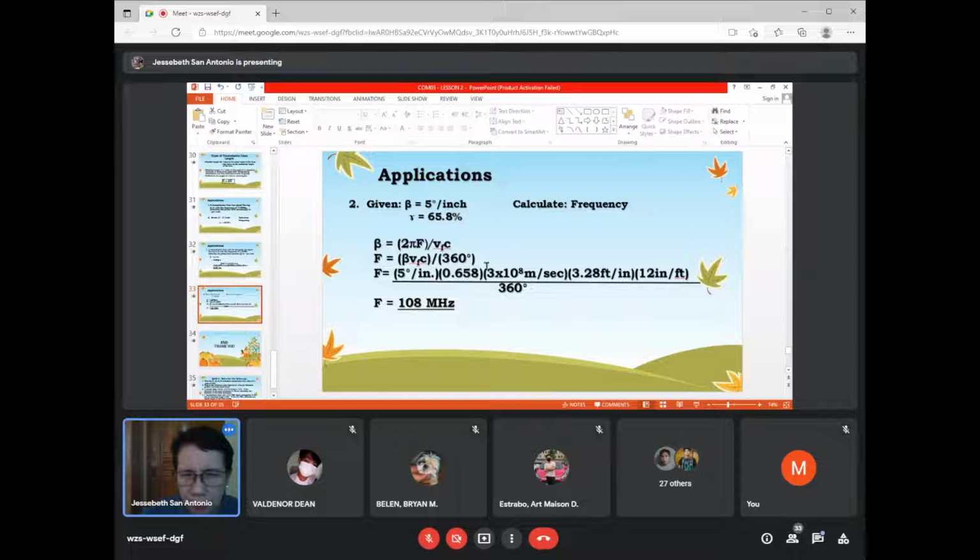Kaya lang, tatanggalin natin yung degrees per inch na yan. I-convert, itong 3.28, etc. Para ma-convert itong meter into inch per second, para yung inch na yon magka-cancel.